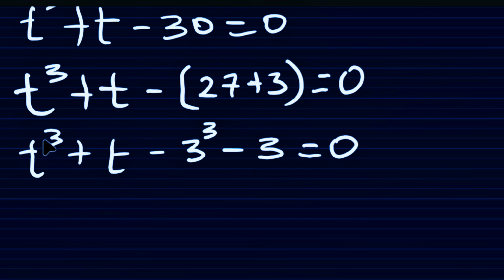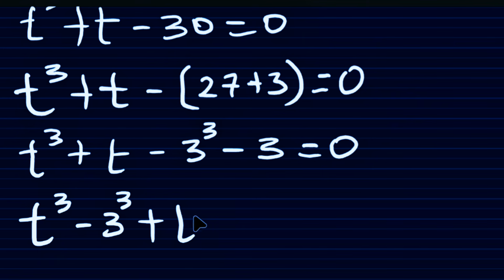Since we have t cube here and 3 cube here, let's bring that together. So we have t^3 - 3^3, then plus t, this is exponent of 1, and this is exponent of 1, so we can bring that together, minus 3 equals 0.